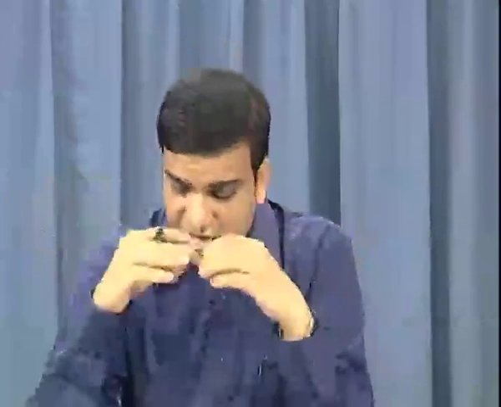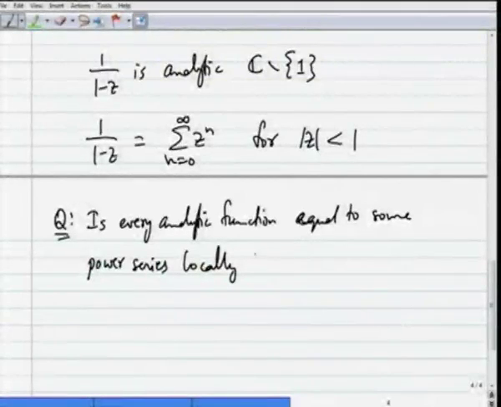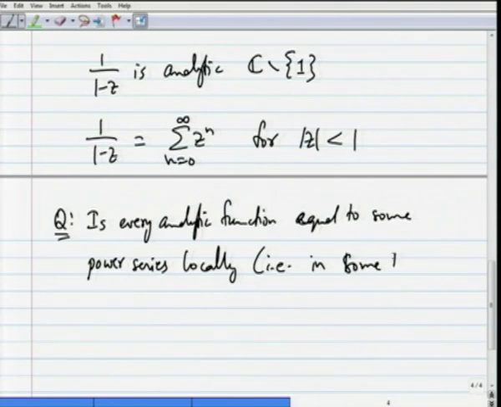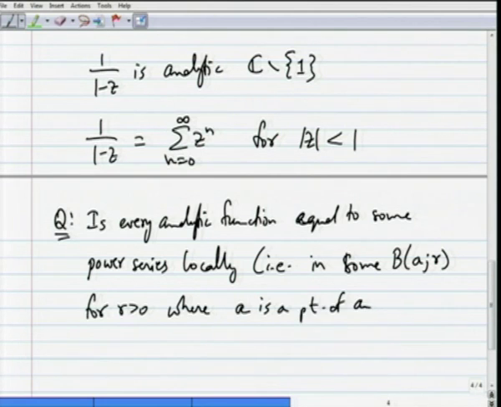So is every analytic function equal to some power series locally, i.e. in some B(a, r) for r positive, where a is a point of analyticity for the given function f? That is what locally means.